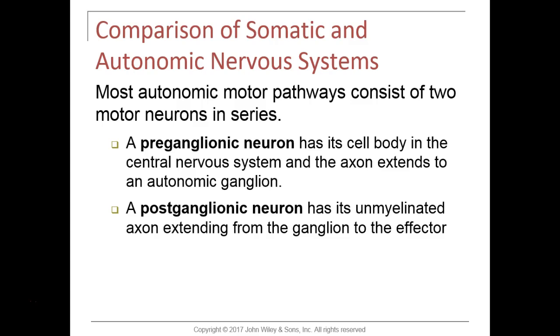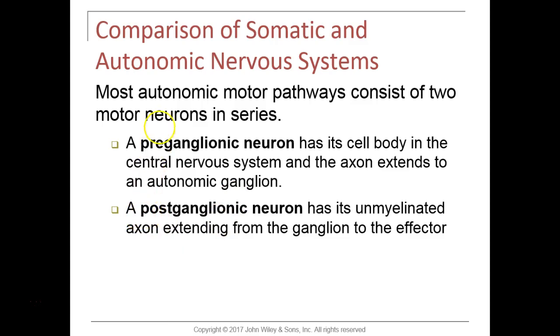So the first neuron that leaves the central nervous system is referred to as the preganglionic neuron. The preganglionic neuron always has its cell body embedded in the central nervous system somewhere, and we're going to look at where that is. The postganglionic neuron is housed in the peripheral nervous system altogether.